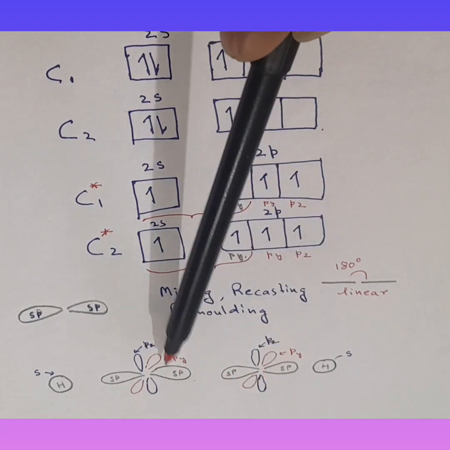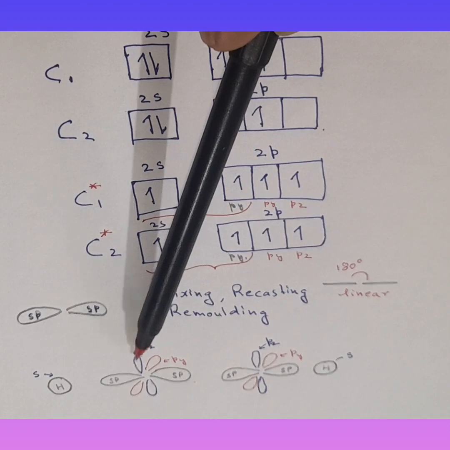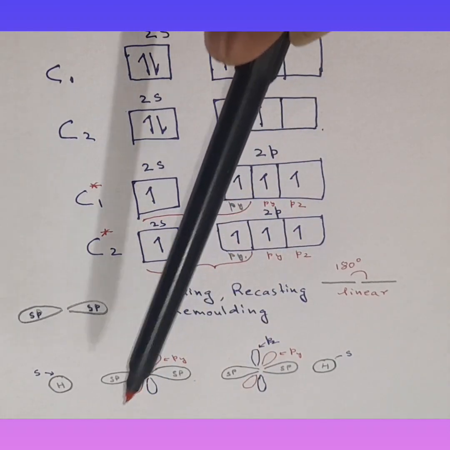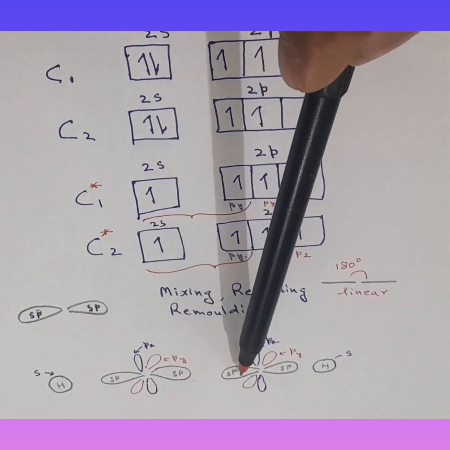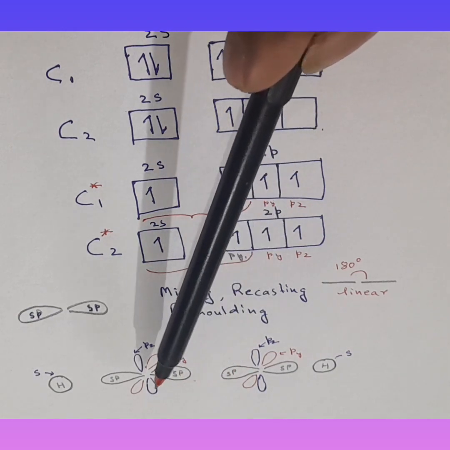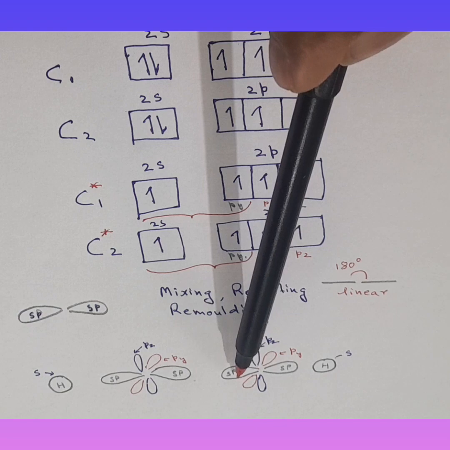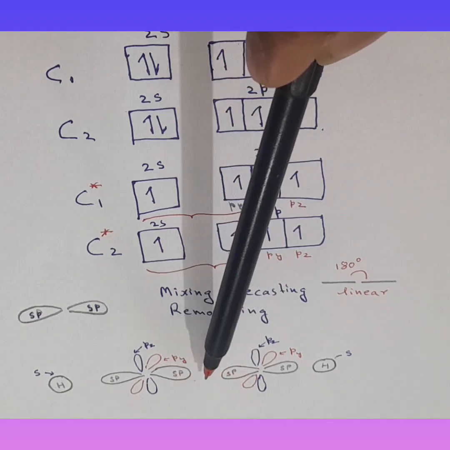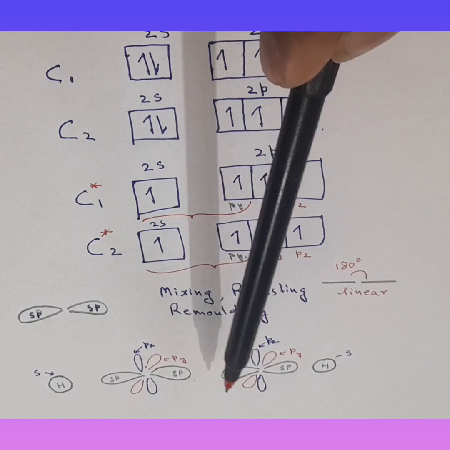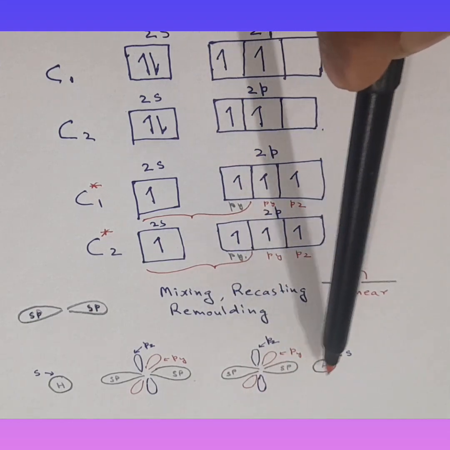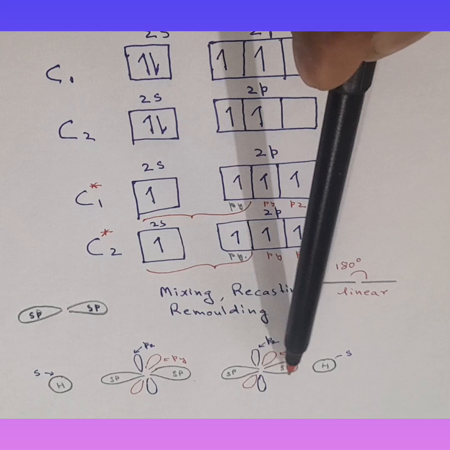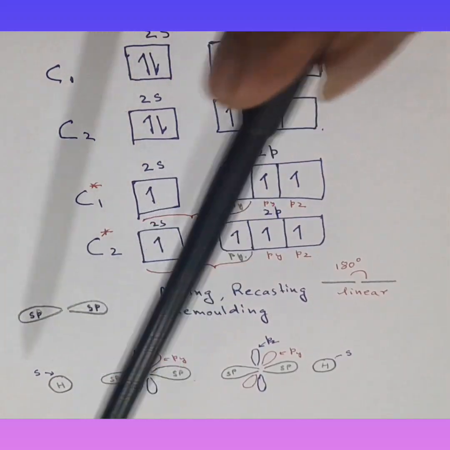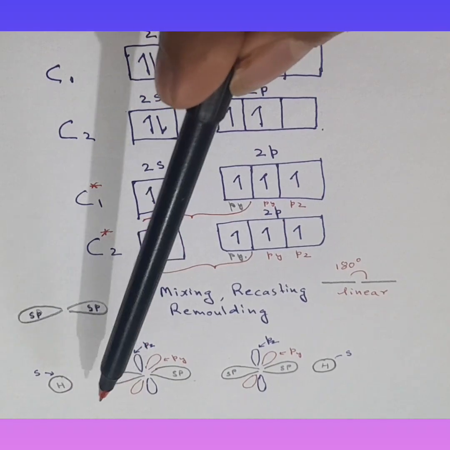All right, and there's a frontal overlap between sp of carbon 1 and sp of carbon 2, so we end up with one sigma bond. Then again, here also we have s and sp frontal overlap, a sigma bond. Again here, a frontal overlap, a sigma bond.